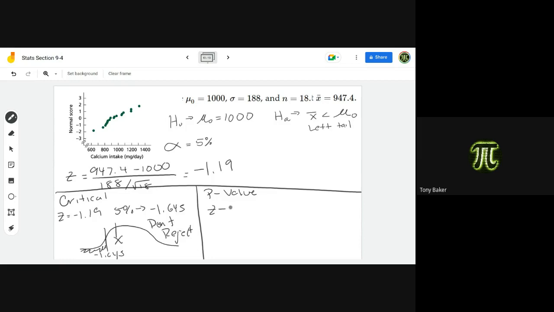Now, if I'm looking at my p-value, I'm looking for the p of the negative 1.19, which is 0.1170, or 11.70%. So if I'm looking at my sting, 5% is here, but my value is over here, so don't reject.